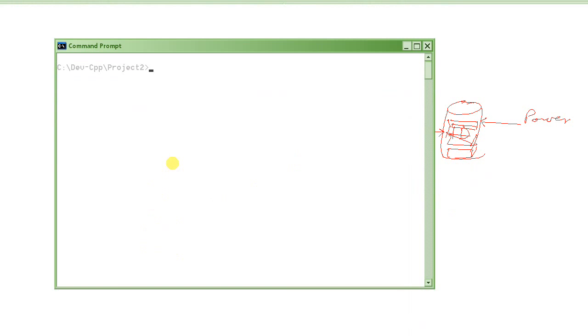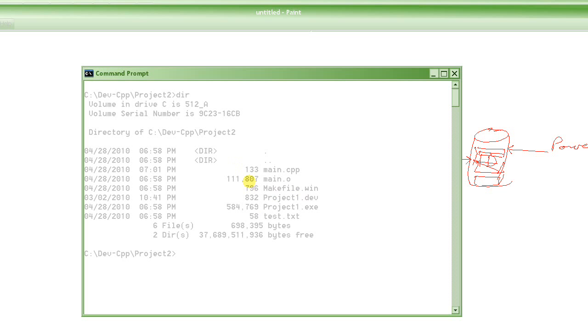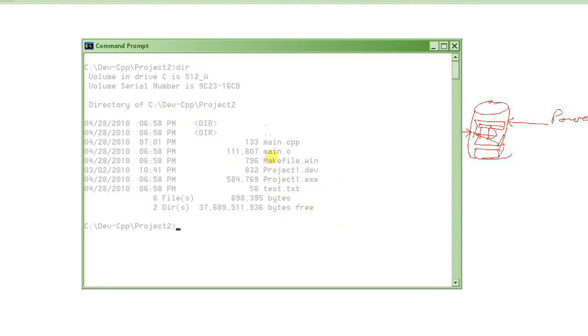Obviously, I'm sure you have done that. This is where, by the way, all of my programs are stored. All the programs that I write in front of you, this is the directory where I store them. So if I do a dir, which is short for directory, it shows all the files in this particular directory. So these are files: main.cpp, main.o, makefile.win, etc.